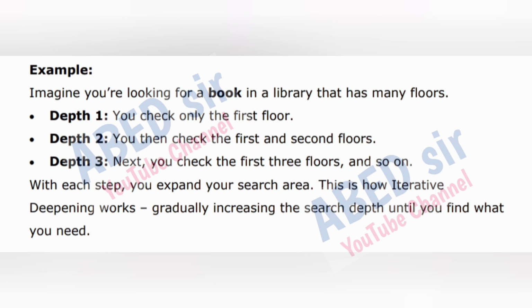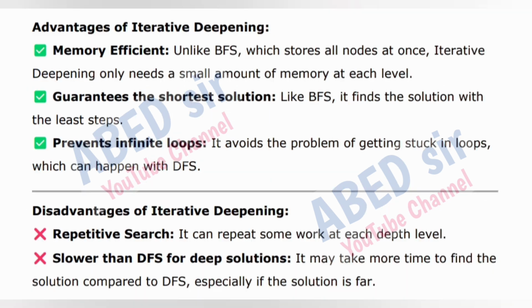Depth 2, you then check the first and second floors. Depth 3, next, you check the first 3 floors, and so on. With each step, you expand your search area. This is how iterative deepening works, gradually increasing the search depth until you find what you need.